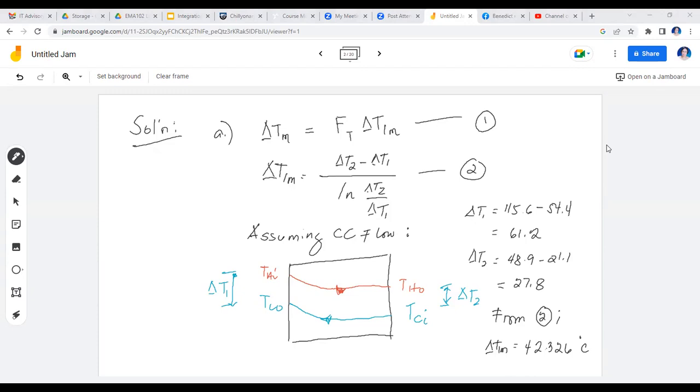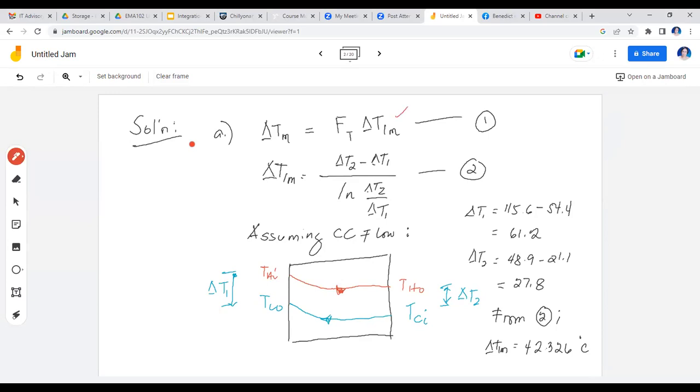That should be in the denominator. It should be multiplied to delta T2, which is 27.8 minus 61.2. So my answer is still 42.326. Okay, so that should be your delta T log mean. Thank you, Jules. Now I'm okay with the delta T log mean already.